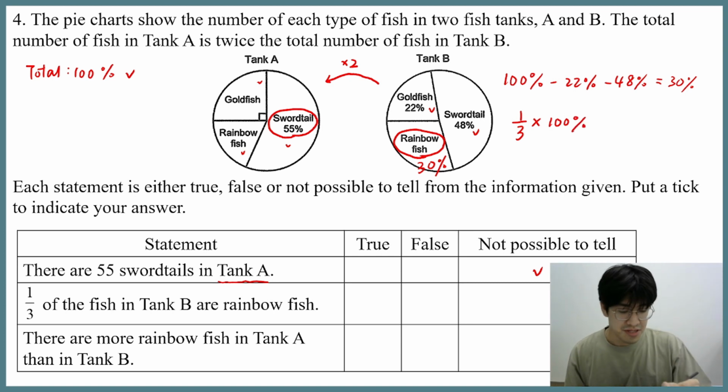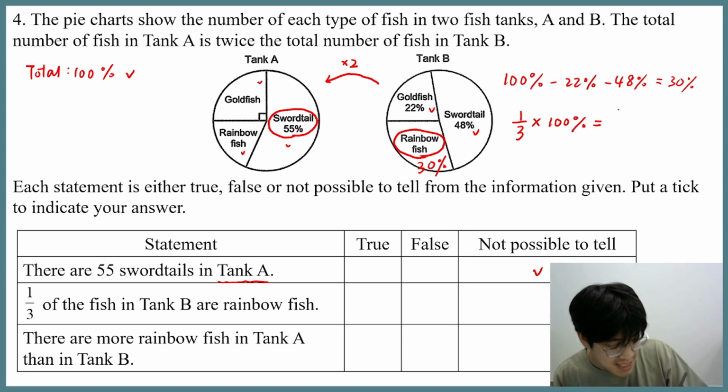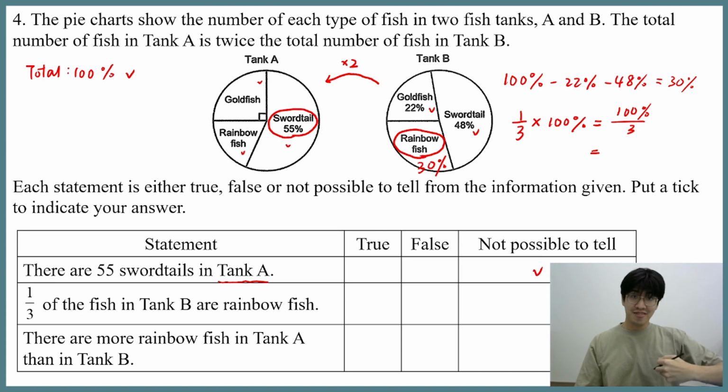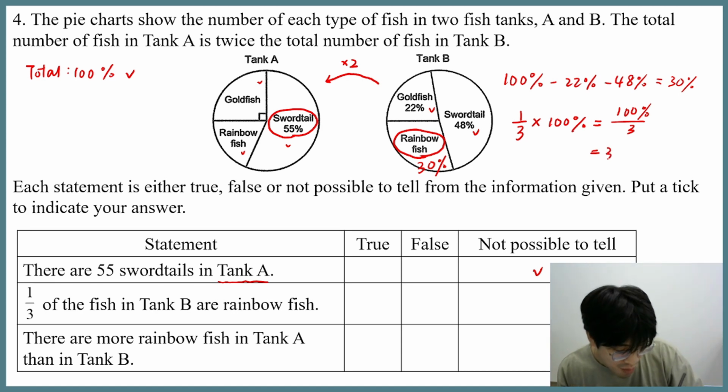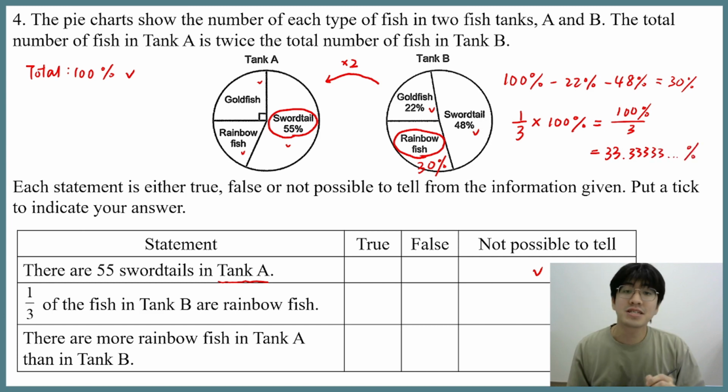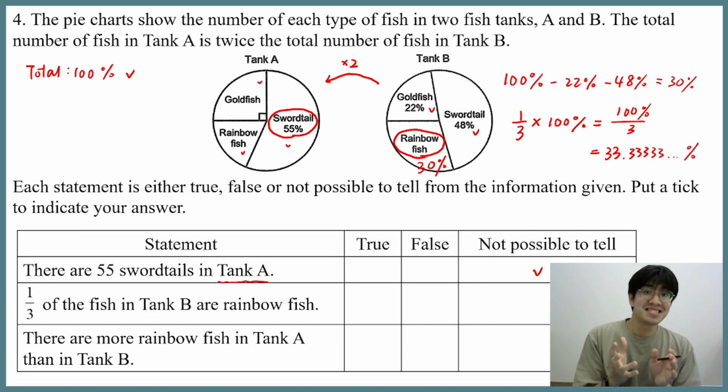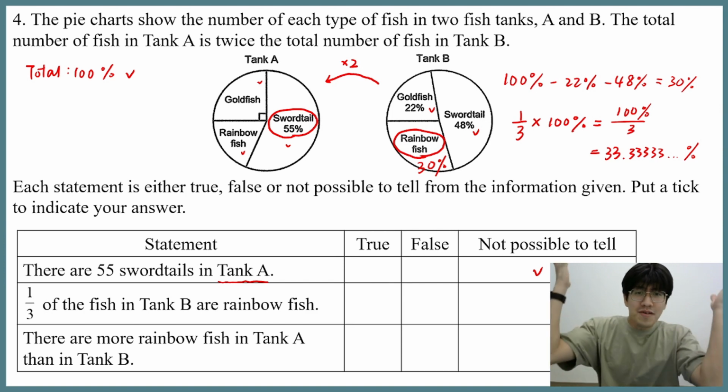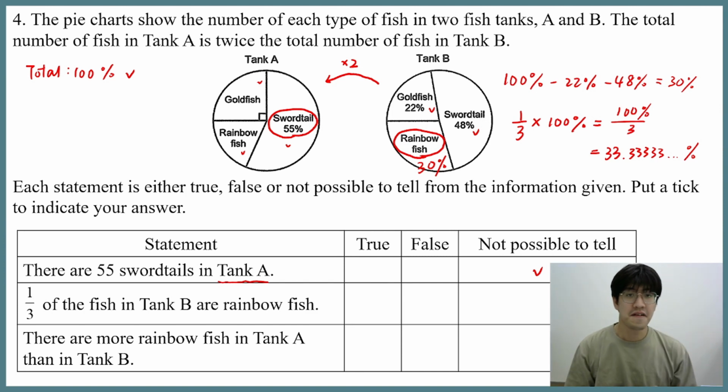So 1/3 times 100%, we get 100% over 3. And if I take 100 divided by 3, I get 33.33333333, so on and so forth, percent. Now, is this the same as 30%? Obviously no. So we know for this part, it must be false.